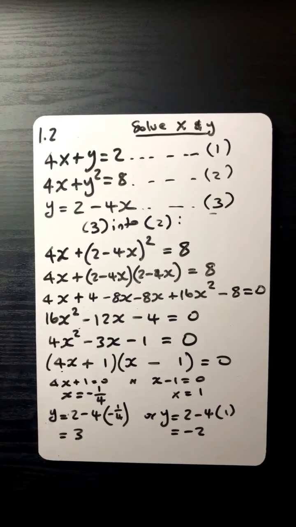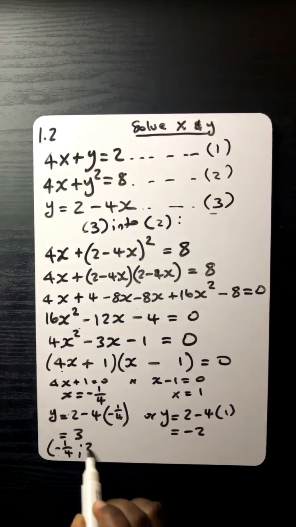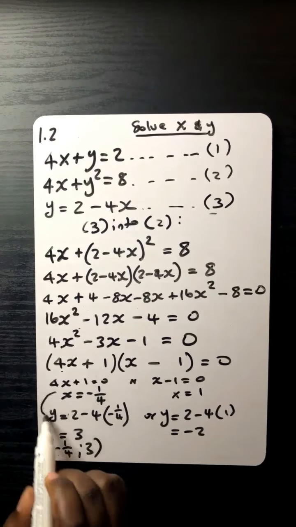So guys, that means where the x value is minus 1 over 4, the corresponding y value is 3. So you just used those two. So here you can say where x is 1, we substituted there and we found the y value to be 2. Ladies and gentlemen, does it make sense?